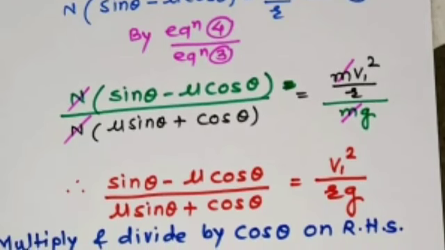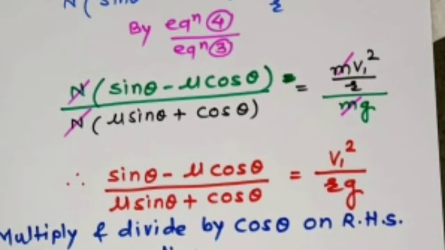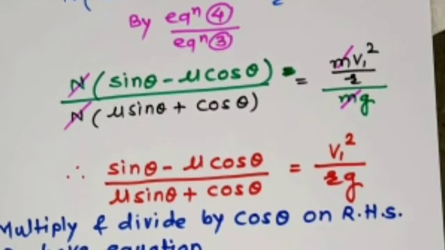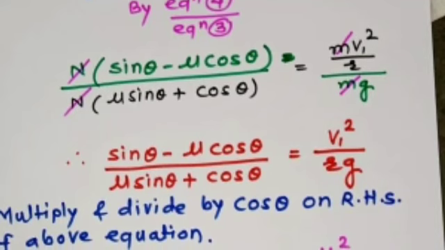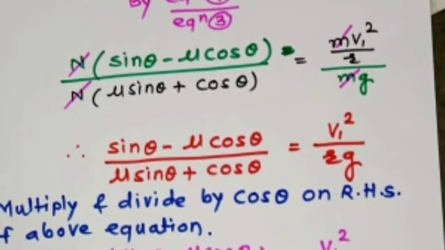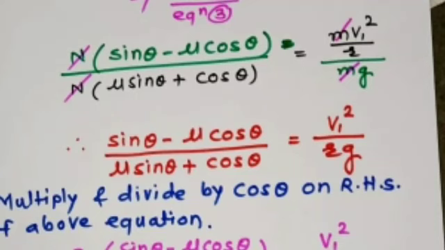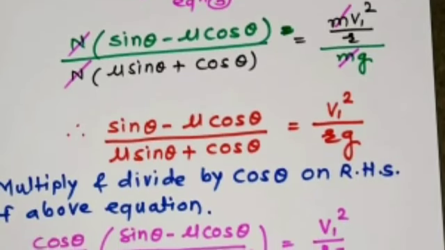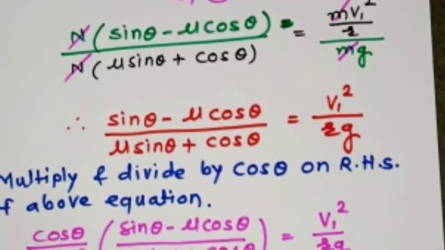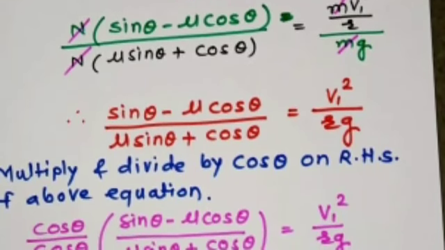Divide equation 4 by equation 3. Therefore, N and m get cancelled in the division. So the equation becomes (sin theta minus mu cos theta) upon (mu sin theta plus cos theta) is equal to v1 square upon rg.